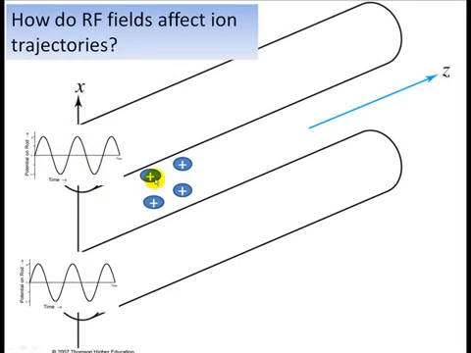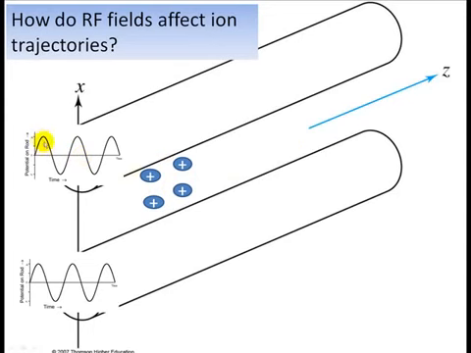Now let's think about what these ions are doing, and how their trajectories are influenced. Any time that the voltage is positive, the ions will be repelled by the rod. And any time the voltage on the rod is negative, the ions will be attracted to it. So what happens to ions as they go down with this voltage going back and forth?